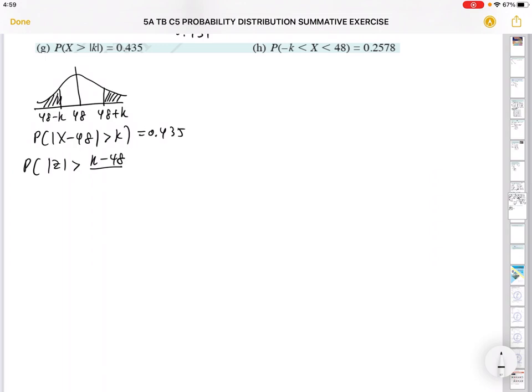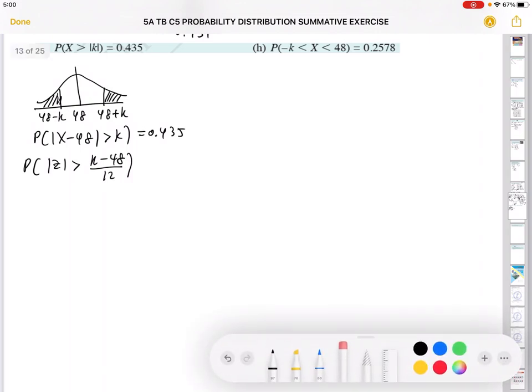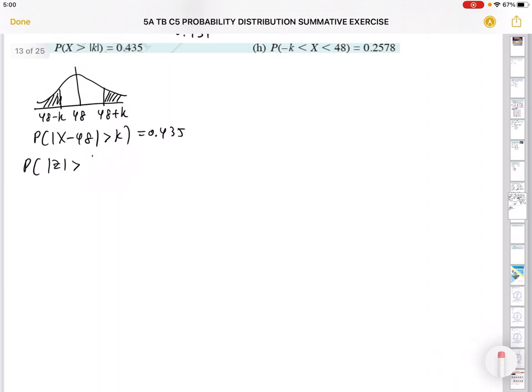Should I call this d? Oh, sorry, I should write d instead. Sorry, guys. This is already minus 48. So you just have to divide by your standard deviation. So divide by 12. So it should look like this.